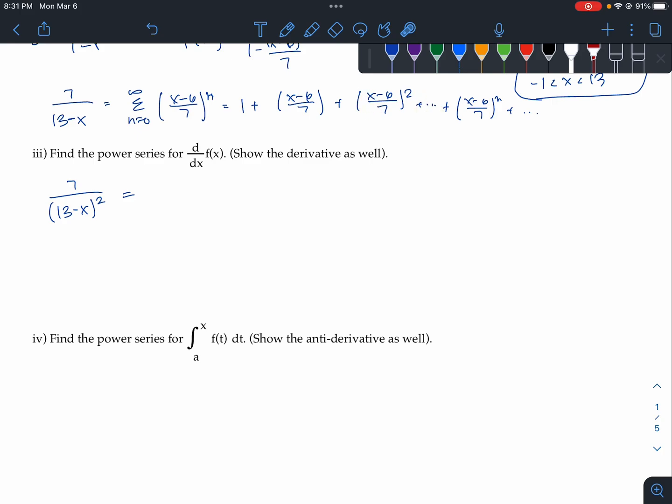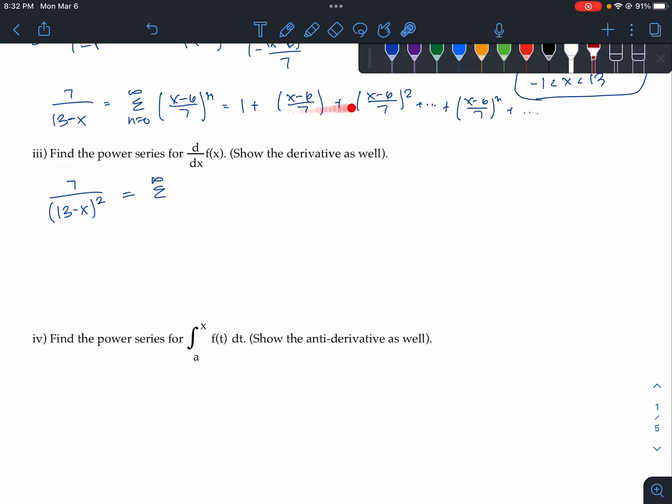And then I'd keep doing that until the nth term. And so the nth term, I would drop the n, decrease this by 1, so n minus 1, multiply by 1 over 7. So my power series, I'm going to hold off on this part until after this next part. The power series is just the actual written notation, the series of your nth term.